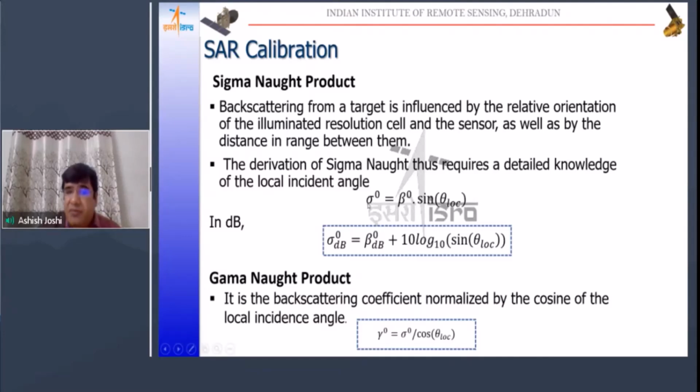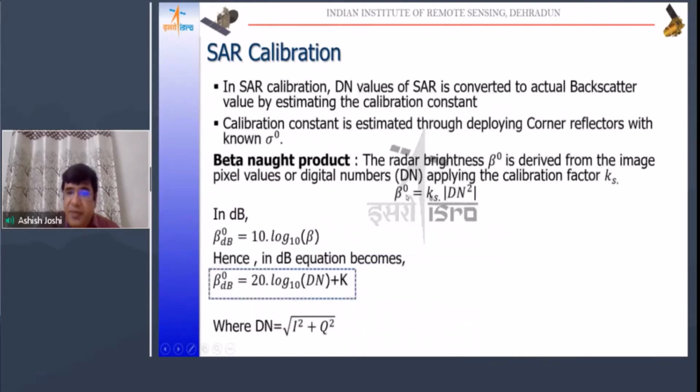Sigma naught equals beta naught times sine of theta, the local incidence angle. This is the formula. So sigma naught dB is equal to beta naught dB plus 10 log of sine of the local incidence angle. From this we can derive this K, and we can put it in this equation.